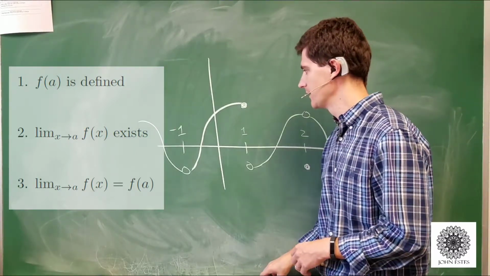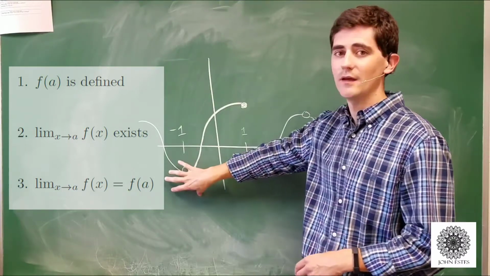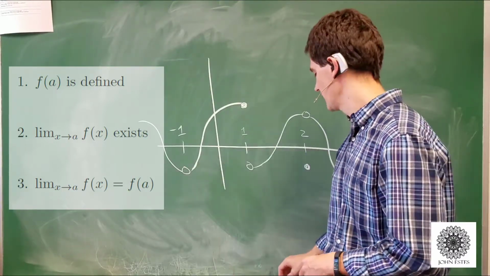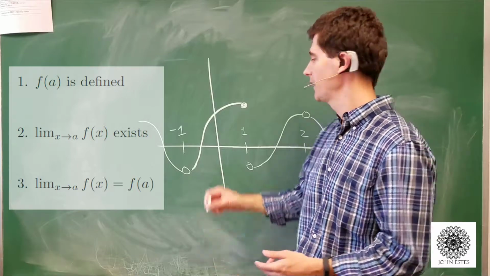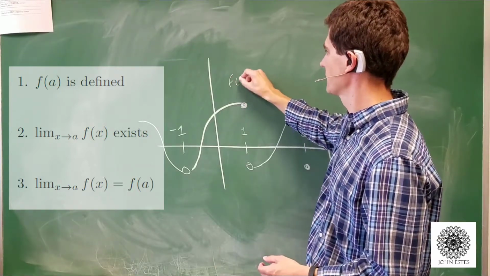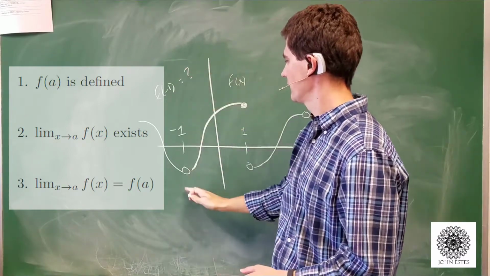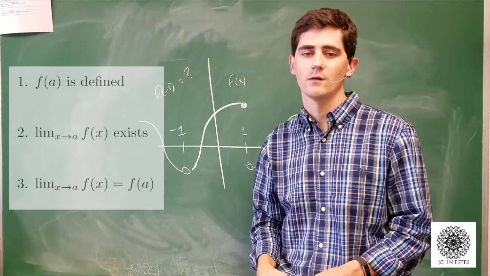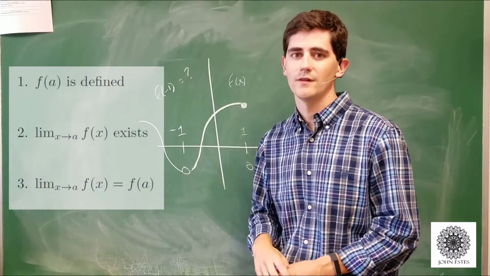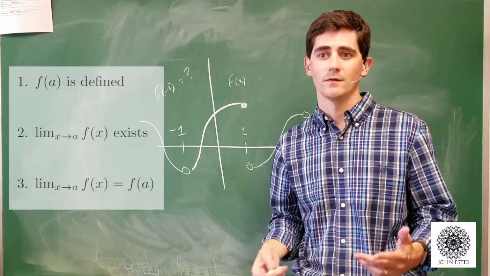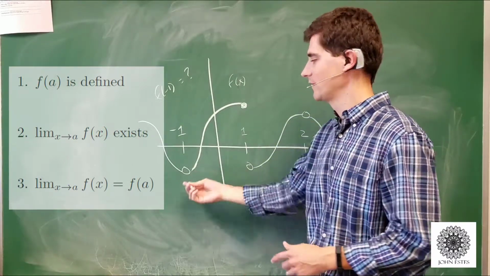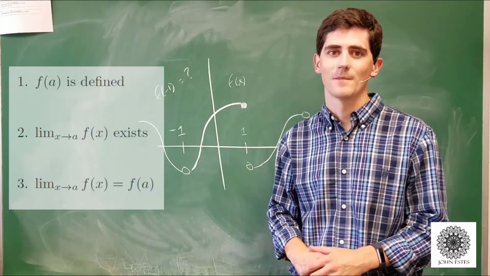So at -1, if I plug in negative 1 into this function, f of -1, well, there's no colored in circle here. f of -1 is not defined. Therefore, it breaks our first statement, and it's discontinuous at -1.